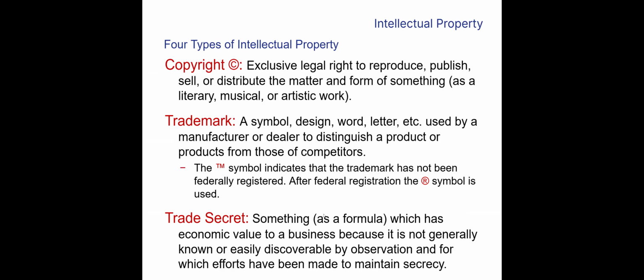And then trade secret, like a formula, Coca-Cola, which has economic value to a business because it's not generally known or easily discoverable by observation. And you have to make an effort at maintaining secrecy. If you've got employees that are just blabbing away about what it is and everything that goes into it, and you don't do anything to admonish those employees, you're not making an effort to maintain the secrecy.